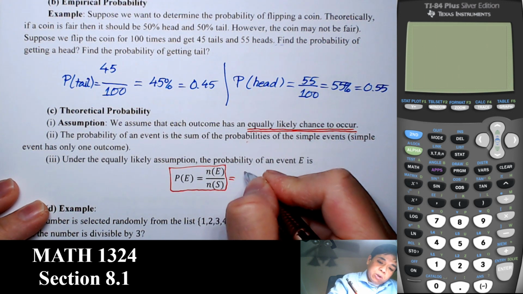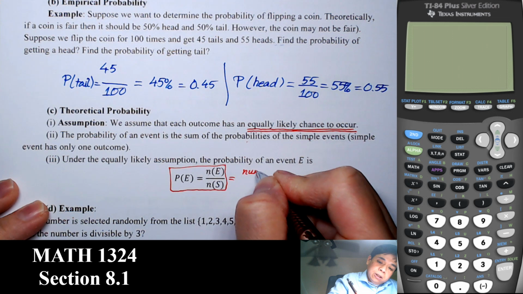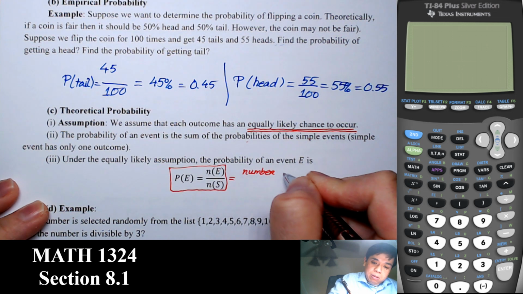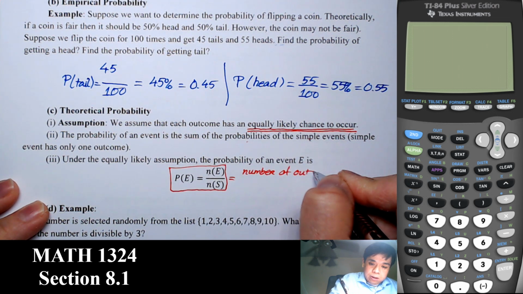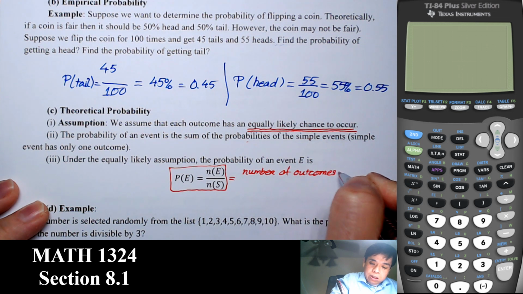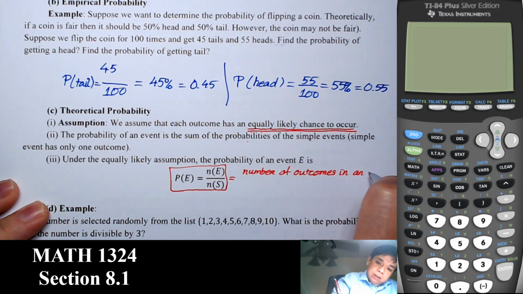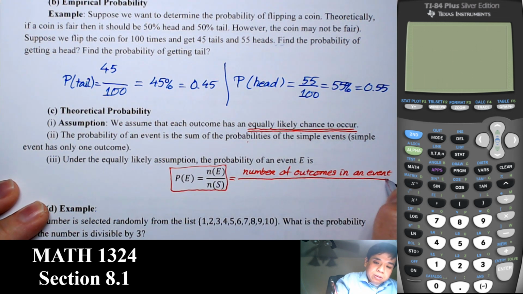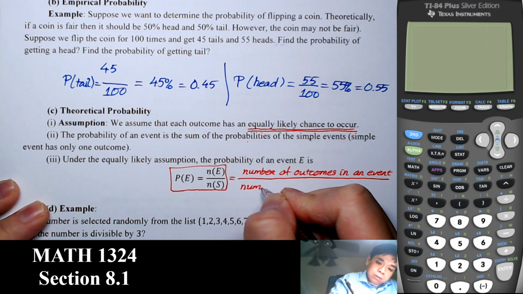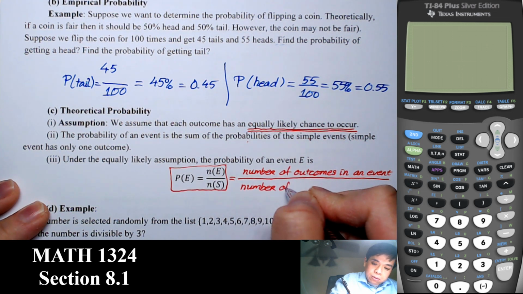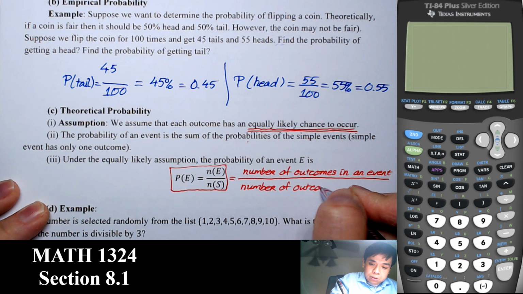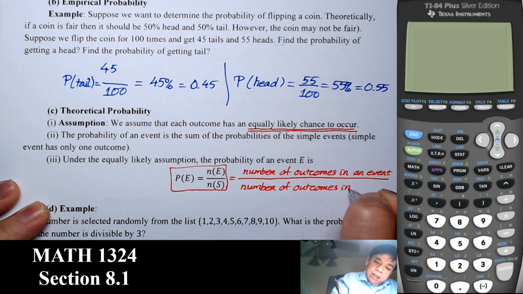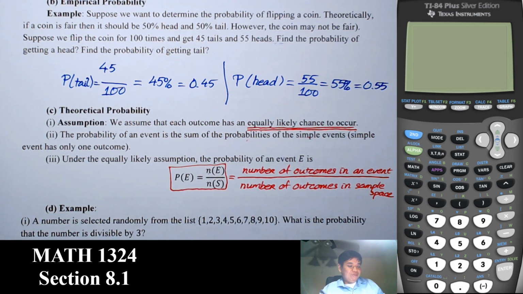So this is equal to the number of outcomes in an event over the number of outcomes in the sample space. If we can count, we can do probability pretty much.